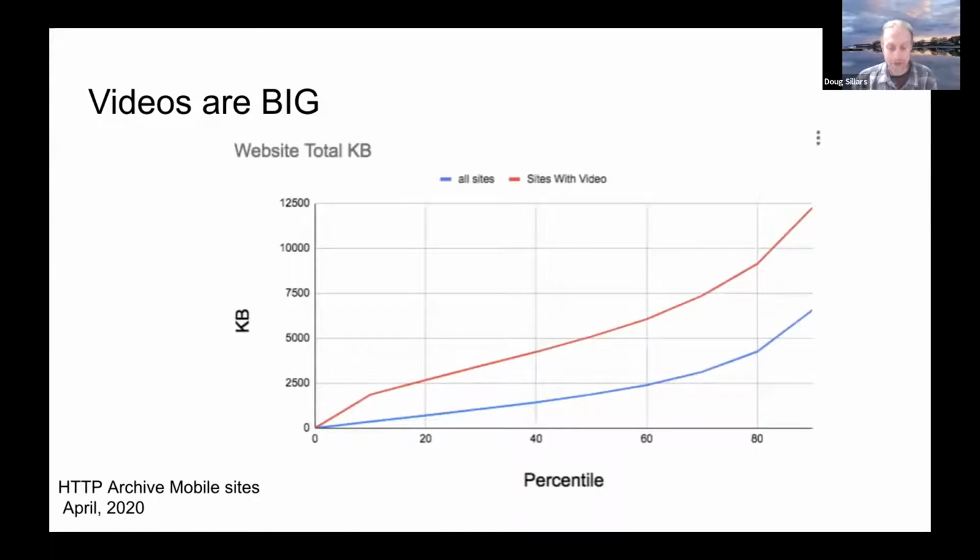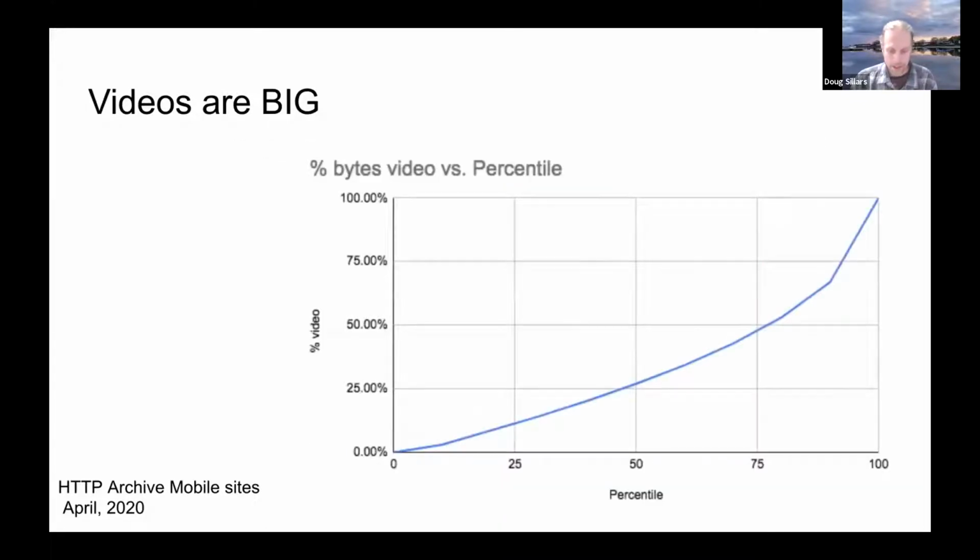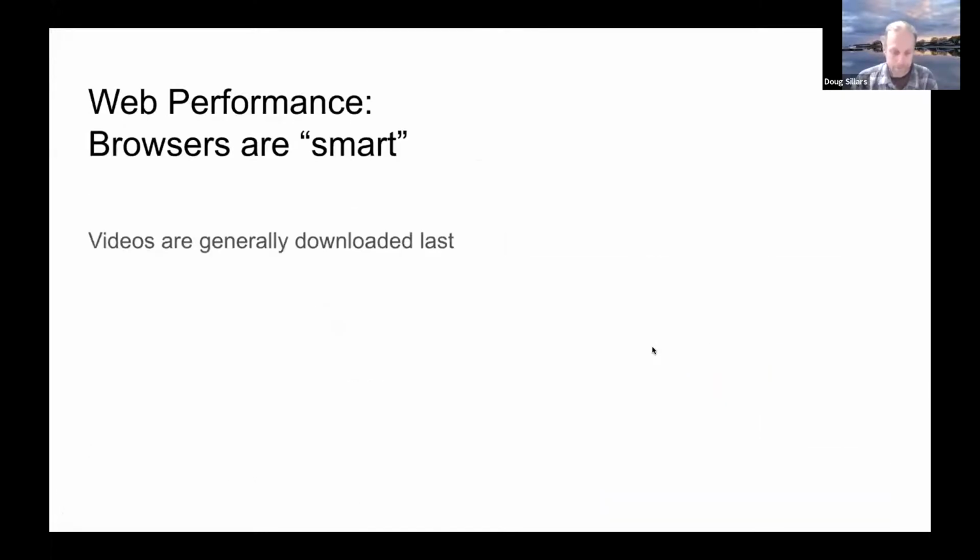If you have a site with video, the median is now 5 megabytes, right? So as soon as you start adding video to your web page, it's going to get a lot bigger in terms of tonnage, just because you're adding these giant files. 250% larger. Videos are large, right? So the median video is 25% of your page.